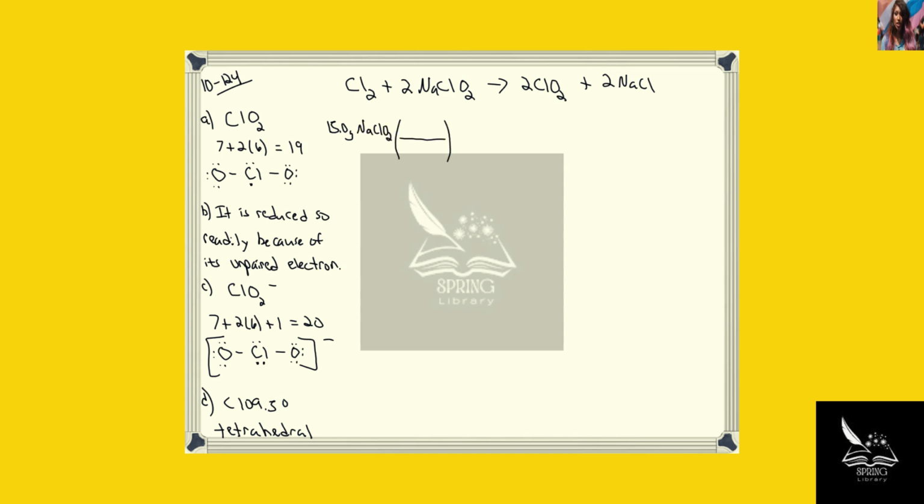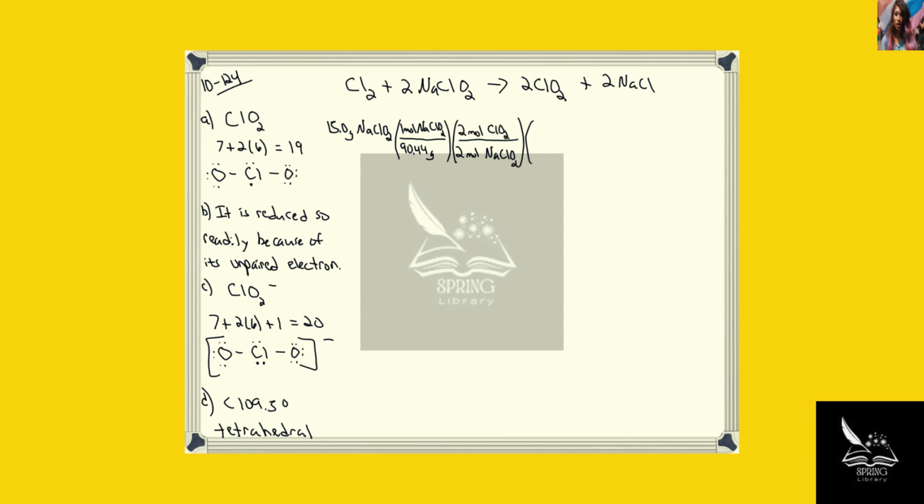So one of the reactants is sodium chlorite. We have 15 grams of it. If we divide that by the molar mass of sodium chlorite, we'll get the moles of sodium chlorite. Then looking at the stoichiometry of the balanced reaction, 2 moles of it will produce 2 moles of our desired product, chlorine dioxide.